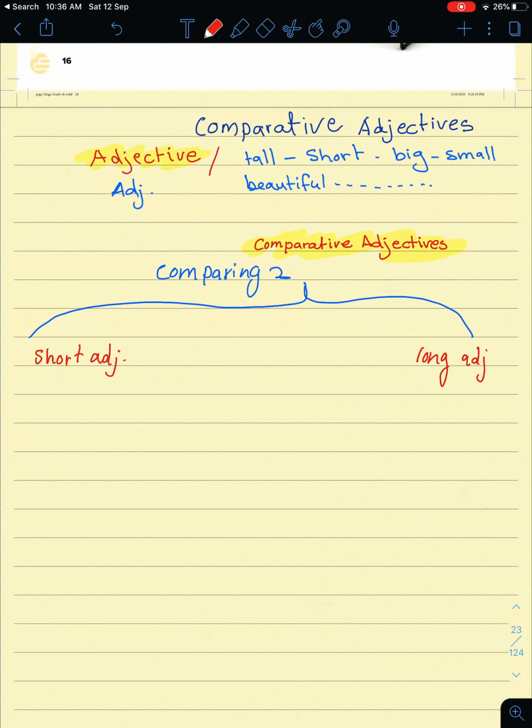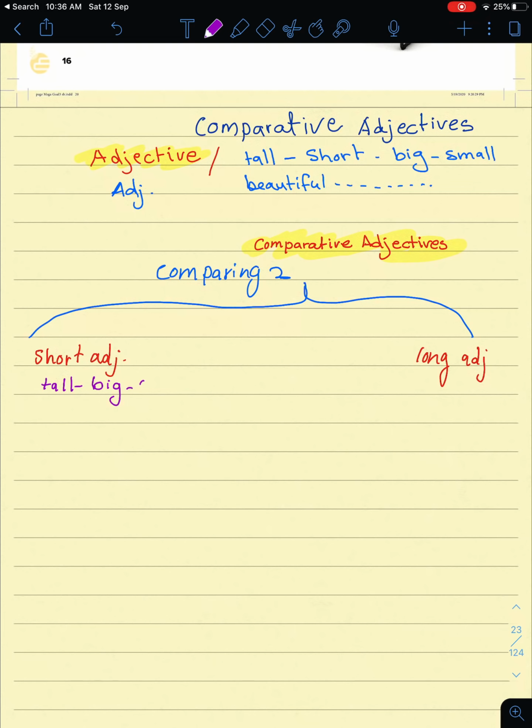يعني ممكن تسألي نفسك شو الفرق بينهم وكيف أعرف أن هذه الصفة قصيرة أو طويلة. Short adjectives are adjectives that consist of 1 syllable. الصفات اللي لما أنطقها في 1 syllable. For example, tall is a short adjective.